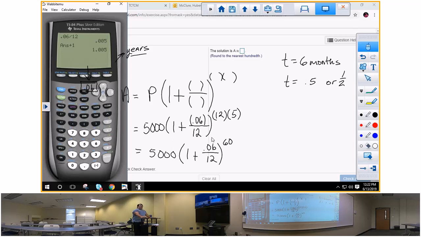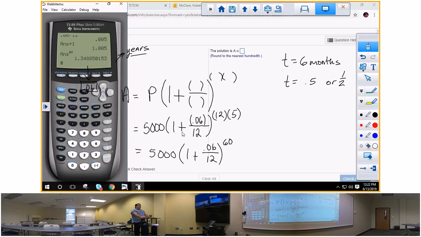So raise that to the 60th power, so you're going to hit the caret symbol, which is right here, and that's to the 60th power. And if you watch the 6.2 videos, you'll see me go through and do this on the calculator, because on the plug and chug formulas, basically I tell all my students, whether you're in 155 or 103 or 120, use the calculator because that's what it's for.